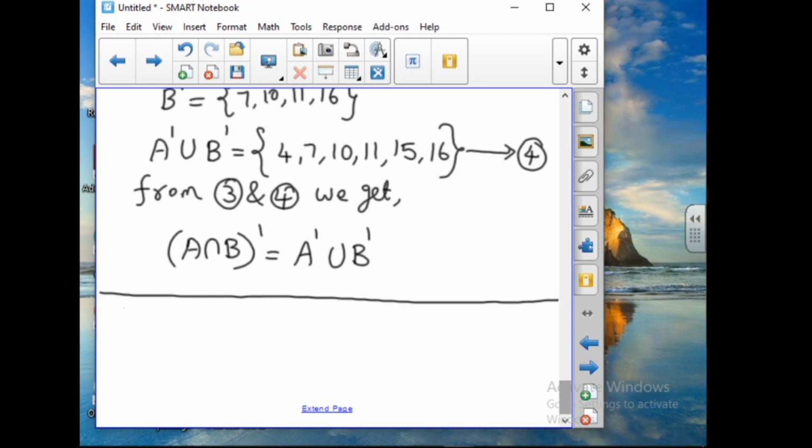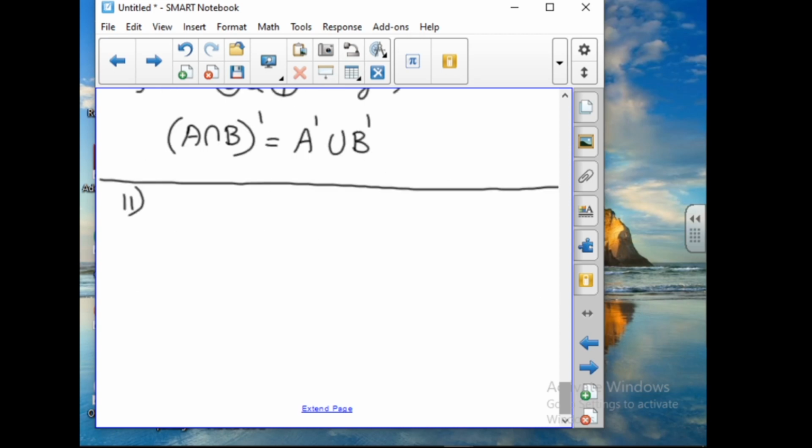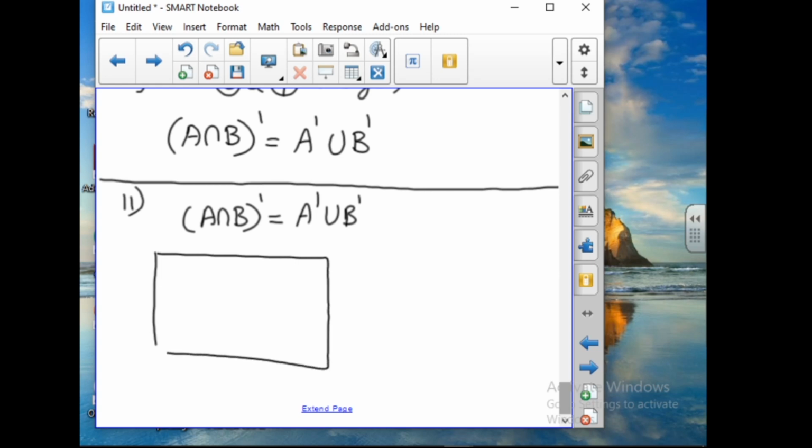Next one, question number 11. Verify A intersection B whole dash is equal to A dash union B dash using Venn diagrams. Okay, for complementation you have to use the rectangle.